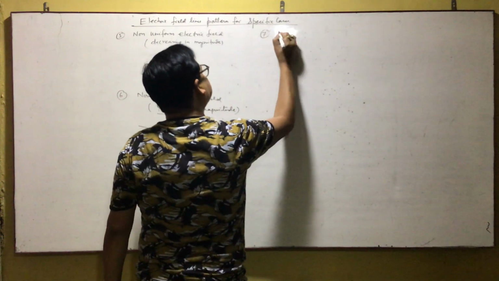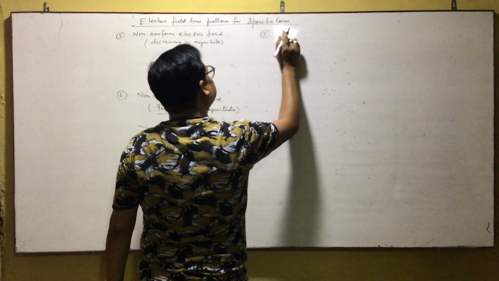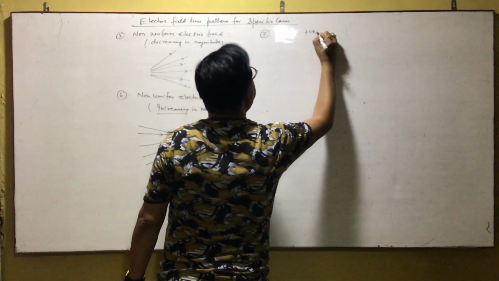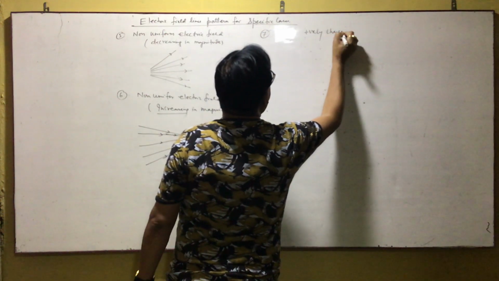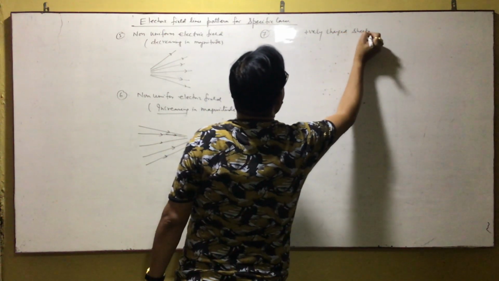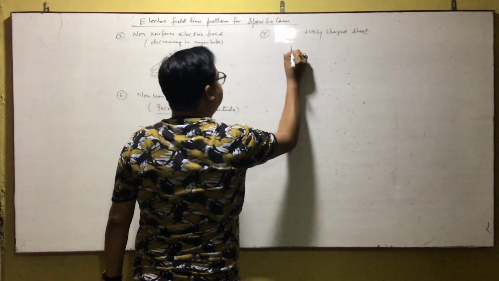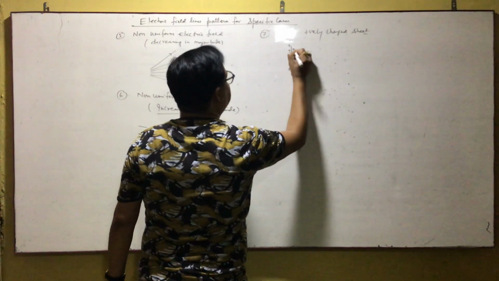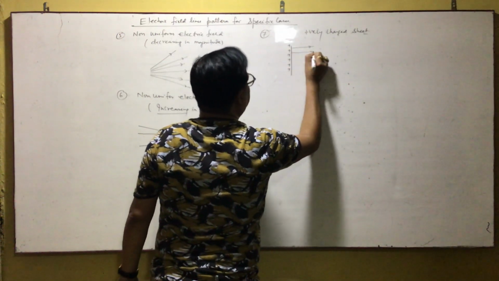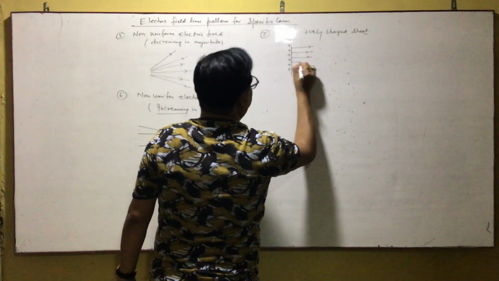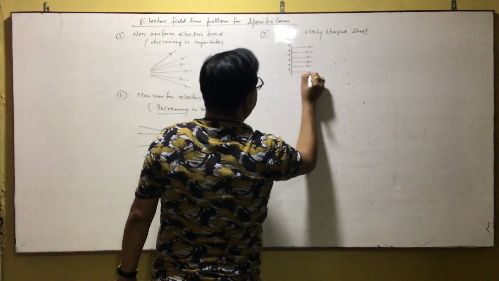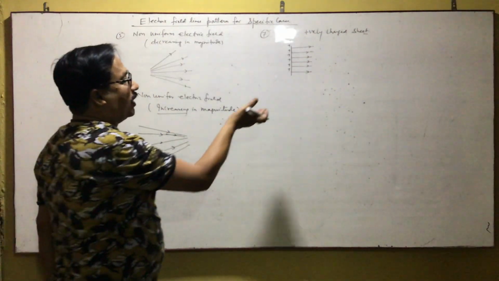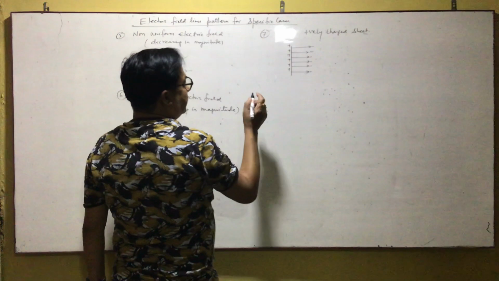Number 7, for a positively charged sheet. So this is a positively charged sheet. The lines of force are coming out from it. And as it emerges normal to the surface, again all lines are parallel like this.